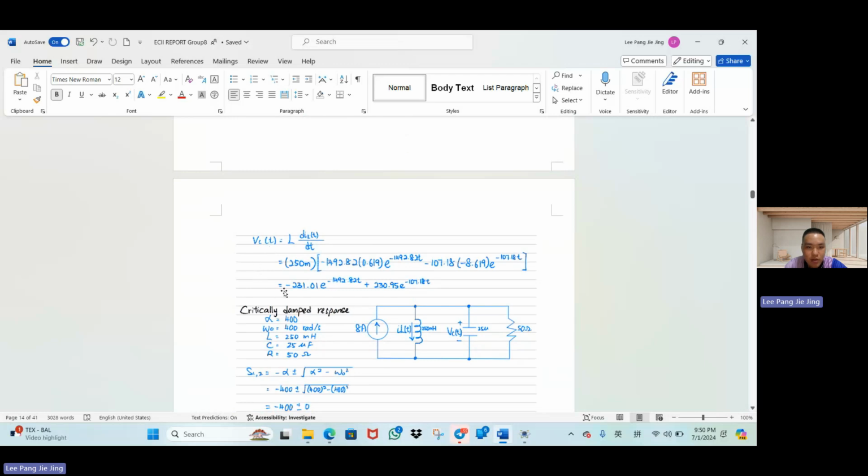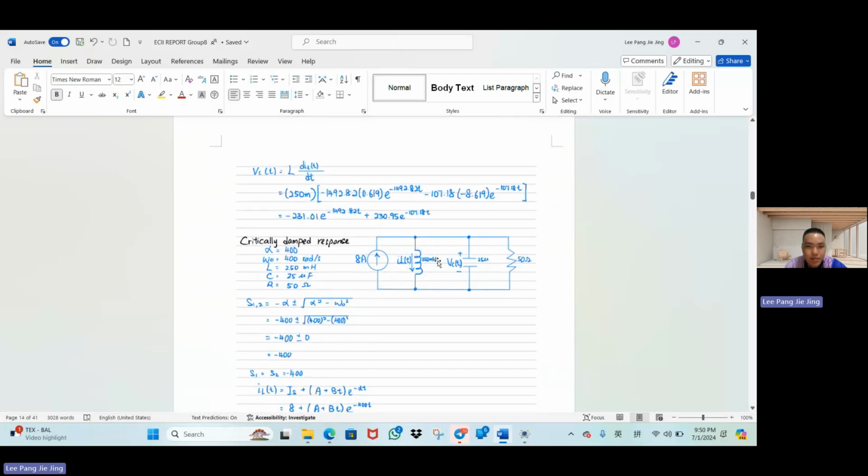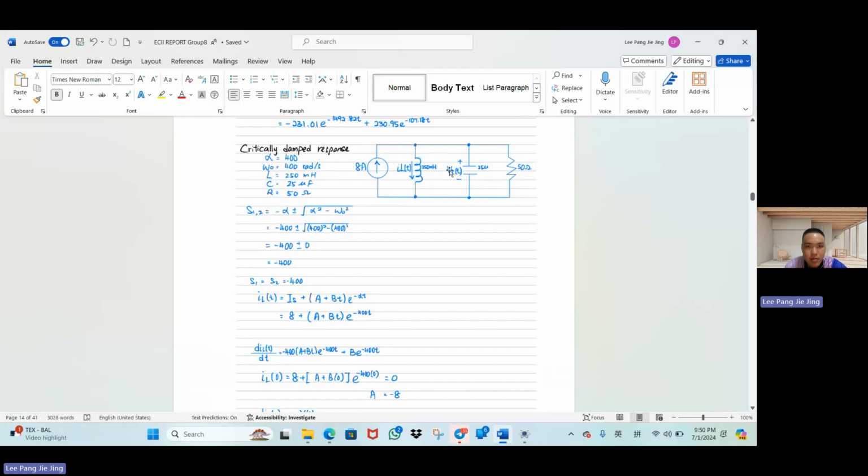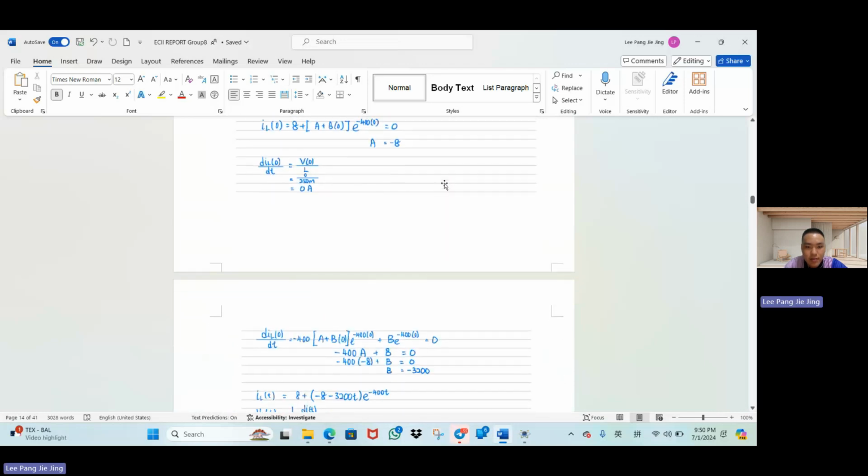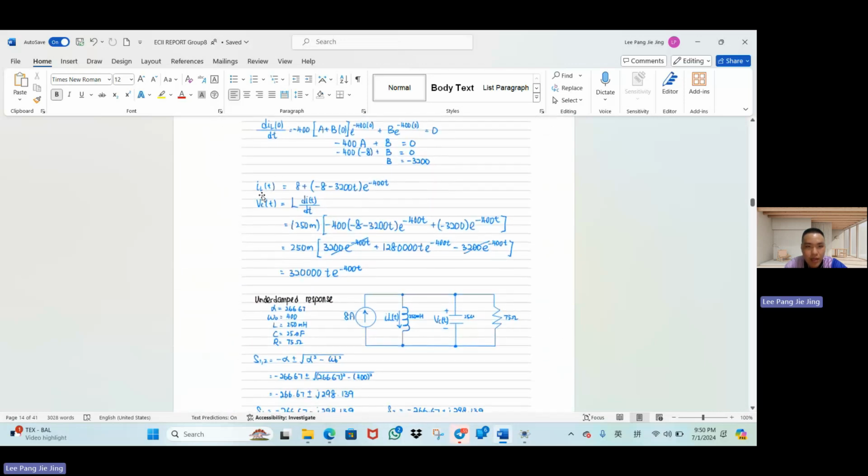The vC(t) expression for the overdamped response is this. Then for the critically damped response, after manual calculation, we get the iL(t) expression is this, and the vC(t) expression is this for the critically damped response.